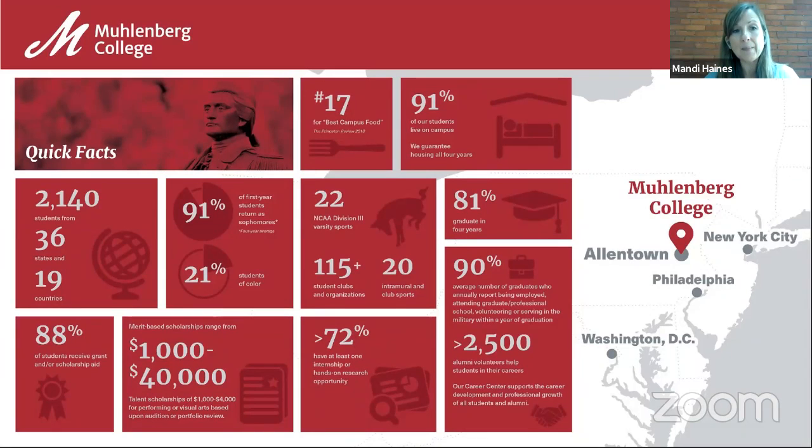We have about 2,100 students coming from over 36 different states. This is information from last year, so it's not quite updated yet, but in 19 different countries. So we're a diverse community of students and educators. We're also a residential school, so all of our students live on campus for all four years, and it's a full learning and living experience.